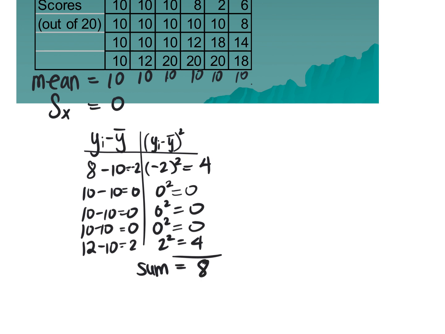8. What's my n? There's 5 values. So 8 divided by 5 minus 1. 8 divided by 4 is 2.